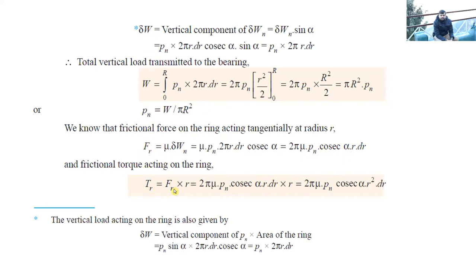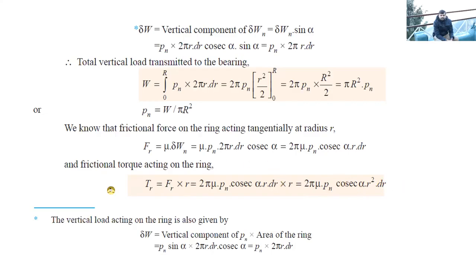Frictional torque will be Fr into r, this Fr acting at a radius r. So by resolving it, we got the frictional torque acting on the elemental ring. It came out to be 2 pi mu Pn cosec alpha r square into dr. So this much amount of torque was acting on the elemental surface.